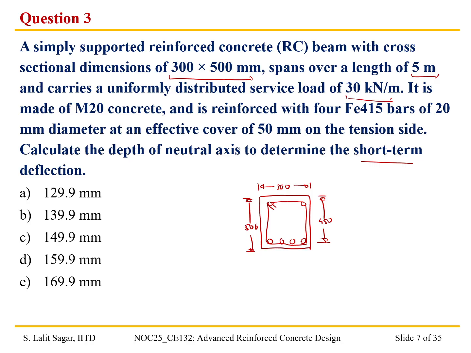And this tension steel is 4 rebars of 20 mm diameter. So we need to calculate the depth of the neutral axis now. Let us draw a sketch over here.